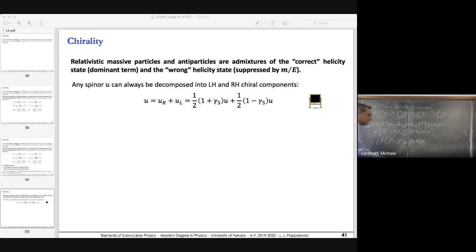Now we put gamma mu outside, so this is 1/4 u-bar gamma mu (1 minus gamma 5)(1 plus gamma 5) u.